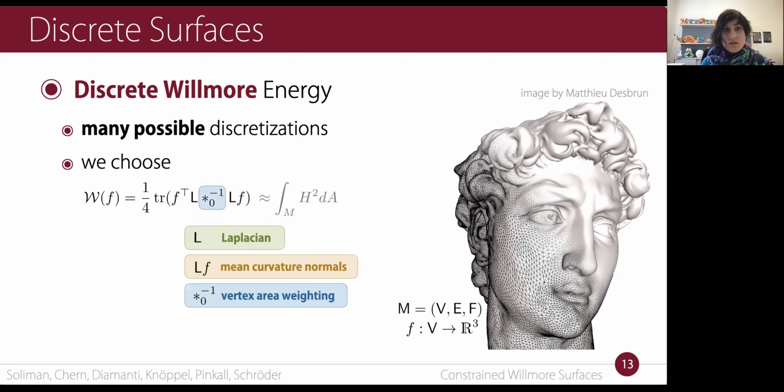Then you weigh it by this inverse Hodge star matrix, which contains the Voronoi vertex areas, and then you sum it all up with a trace. This approximates the smooth definition of the integrated squared mean curvature.